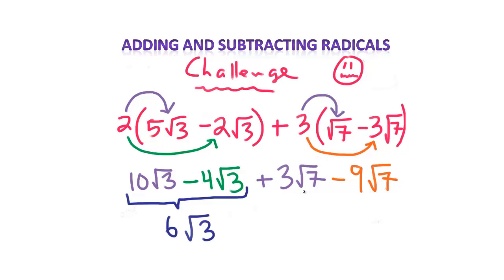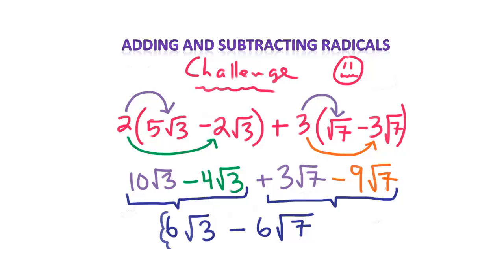And over here, since I have a radical 7 here and a radical 7, I can combine them also. So this will give me negative 6, because positive 3 minus 9 is negative 6, and negative 6 what? Negative 6 radical 7.